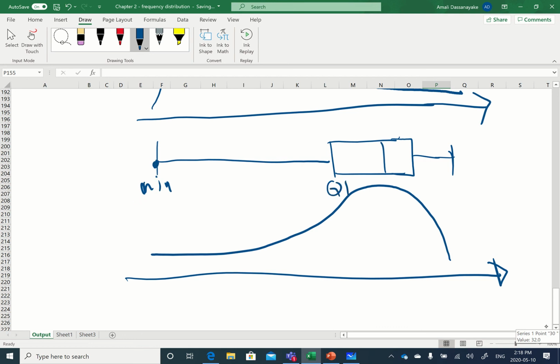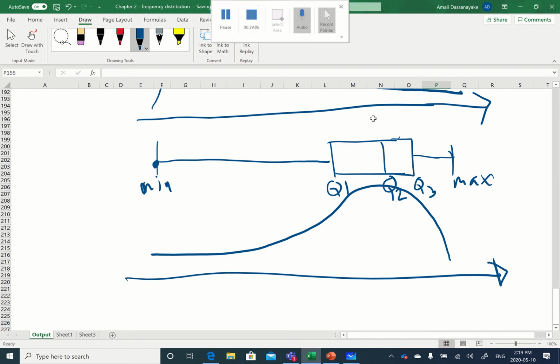This is Q1, Q2, Q3, and maximum. That's all you need. On the x-axis, you mark them and you simply draw this diagram. By looking at its symmetry, you can talk about the shape of the distribution. So it's easier to create if you don't want to create the histogram or the frequency polygon of your data set.